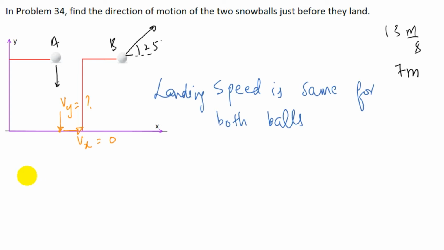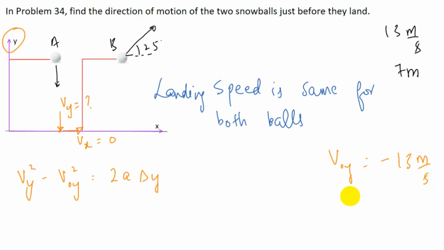For Vy, we can use this equation of motion: Vy square minus V naught y square equals 2a delta y. Now V naught y, initially the ball is thrown vertically downward and we have taken upward to be positive, so V naught y will be negative 13 meter per second. And acceleration, this should be ay, and in the vertical direction ay is minus g.